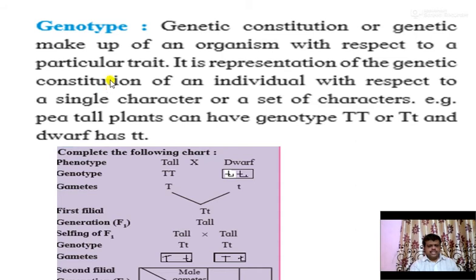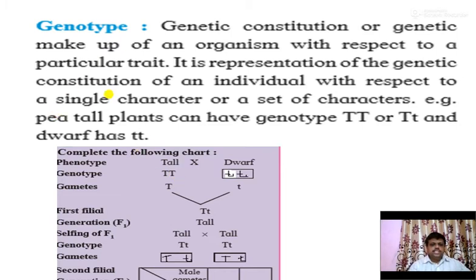Let us see the homozygous condition. In the homozygous condition, this is homozygous and this one is also homozygous, but this one is dominant and this one is recessive. Homozygous means it is an individual possessing similar alleles for a particular trait.